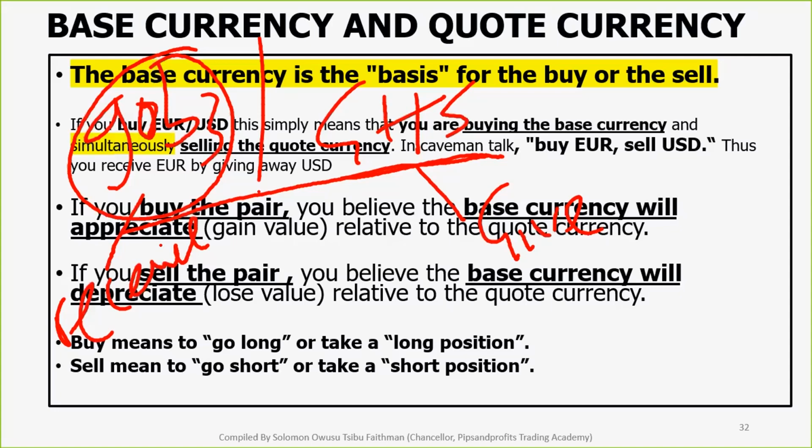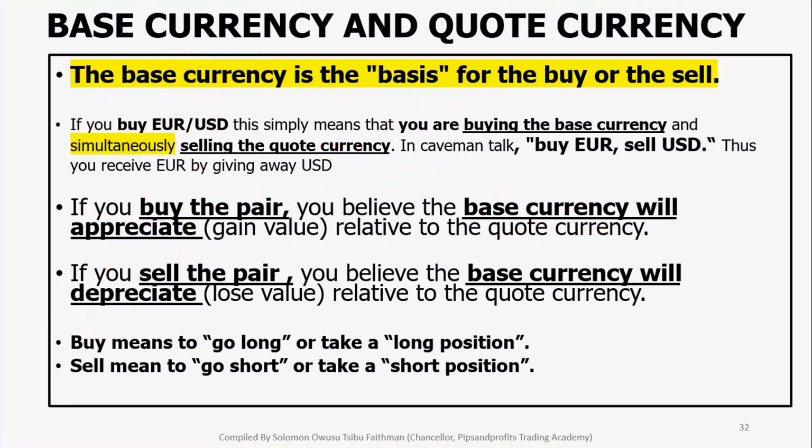So when you are buying, it is the Gobe you are buying by giving away your Ghana cedis. Now, when you are selling, the same thing happens. What you are doing is that you want to receive the quote currency by giving away the base currency.